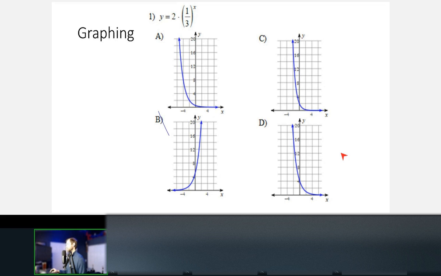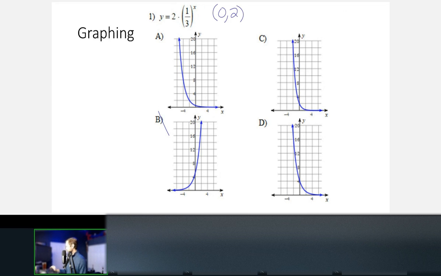Yeah. 10 to the 0 power is 1. 1,000 to the 0 power is 1. So if you just plug in 0, anything to the 0 power is 1, and then 1 times 2 gives us 2. So I'm going to write this down. A coordinate that's really easy to see is 0, comma 2.